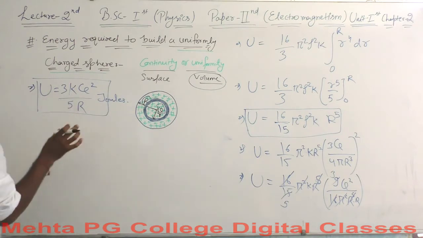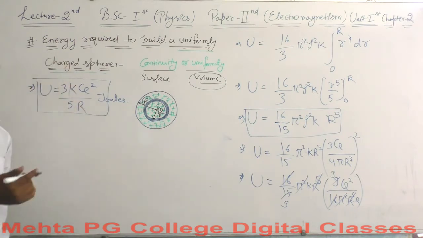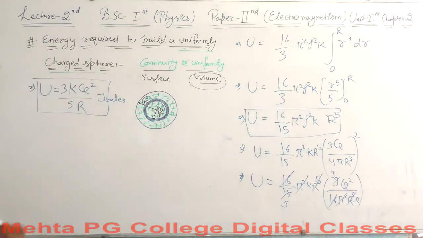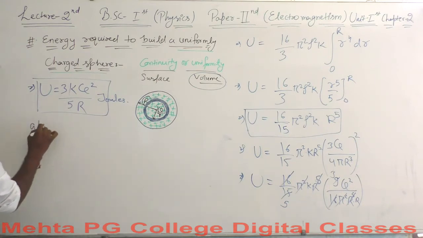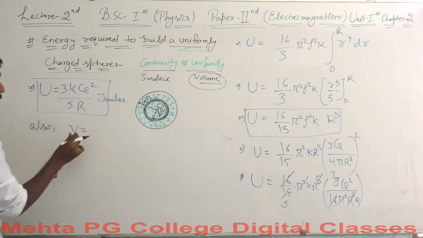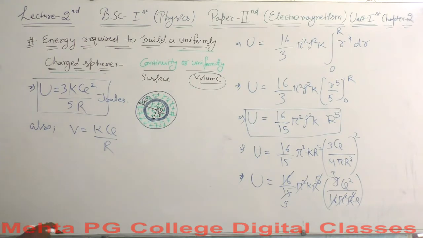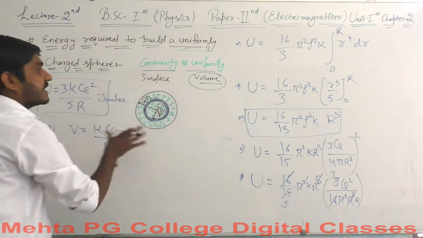Yes, this is the potential energy, but we need the whole energy in terms of work done and in terms of potential also. So let's say V is equal to KQ over R again. So let's find out what we have. We say that the total amount of potential will be equal to KQ over R for this whole spherical shell.